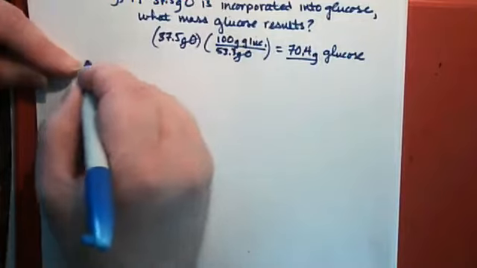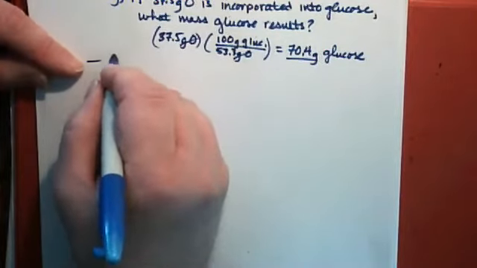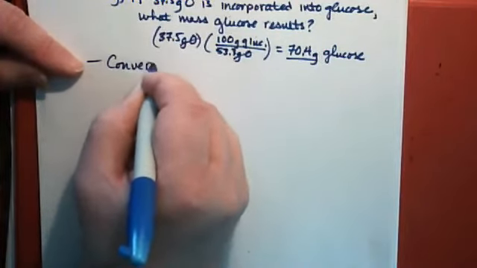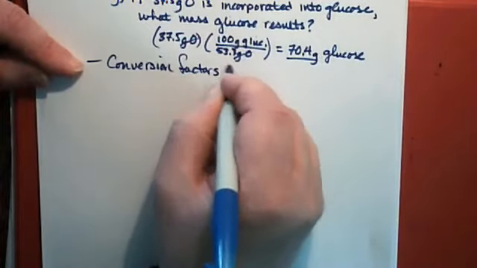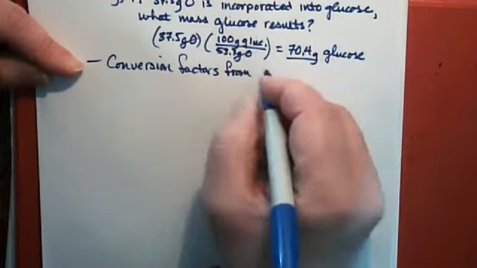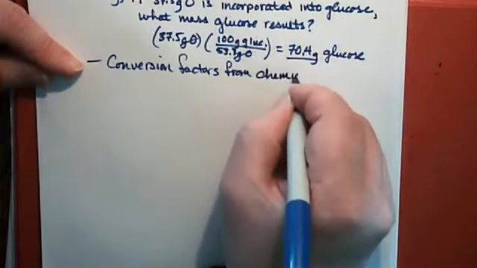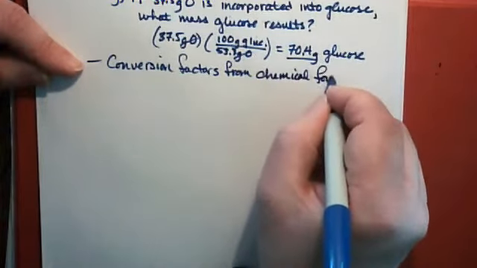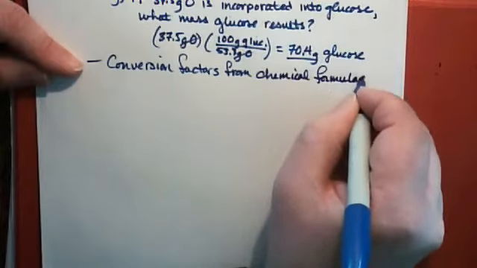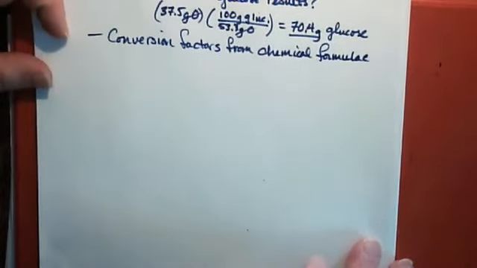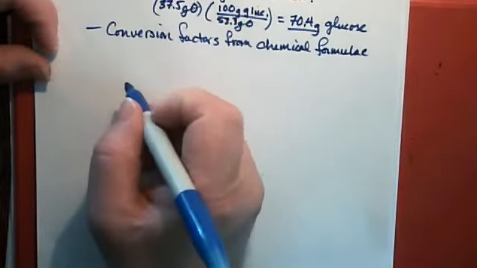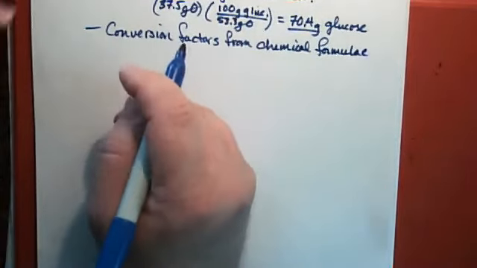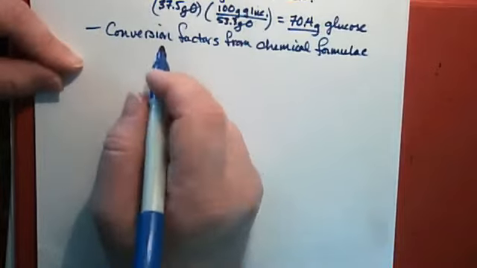Okay, so we can get a large number of conversion factors from chemical formulas. And that can be fairly simple, like if you're dealing with numbers of moles, all you really have to do is look at the compound.